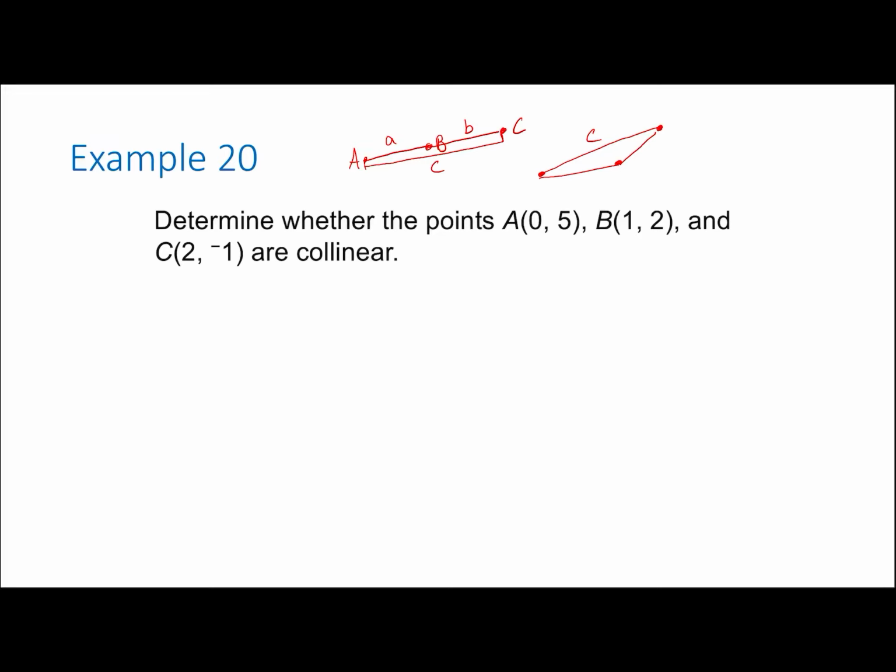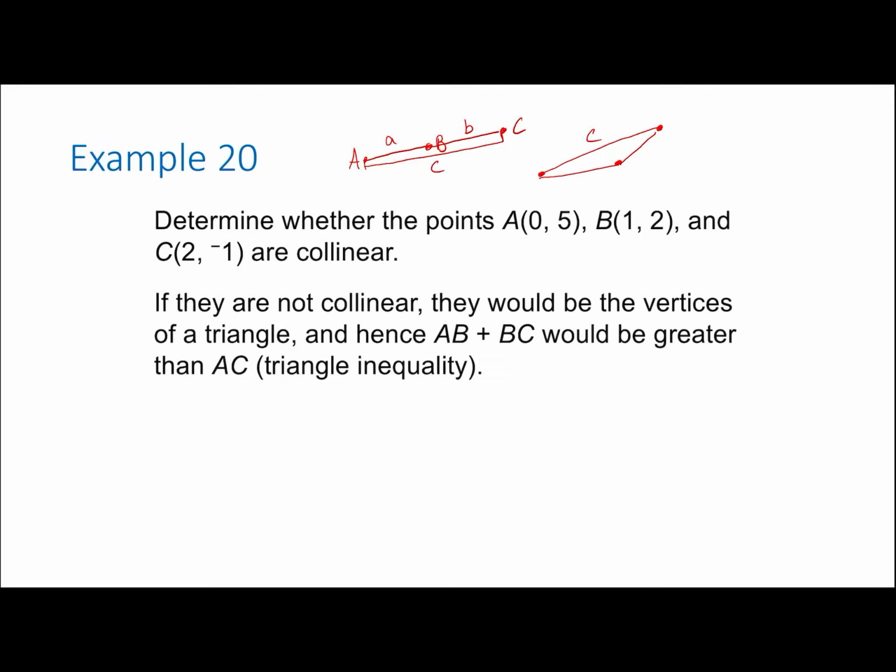So, to keep me from having to write all this out and be in the way of what the PowerPoint has, I'll just scroll through this and walk you through it. So, this is what we just said. If they're not collinear, then you would have vertices of a triangle, right? Like you have in this diagram. And so AB, the distance from A to B, plus the distance from B to C would be greater than AC, based on that triangle inequality that we've talked about previously.